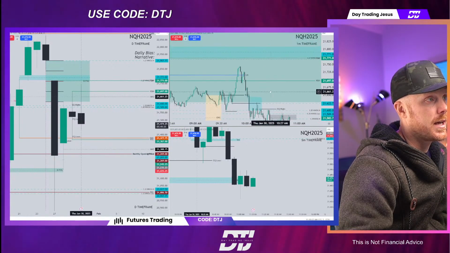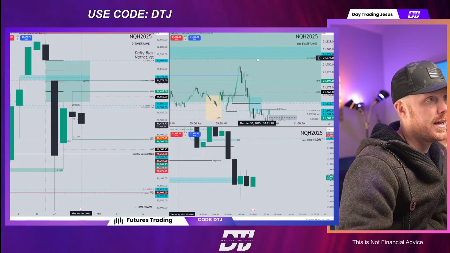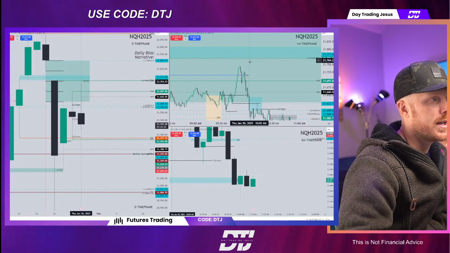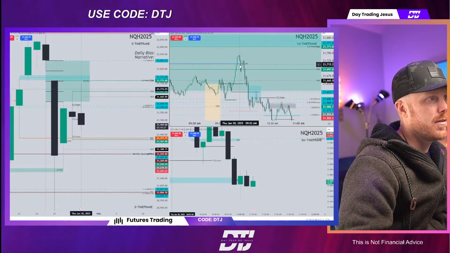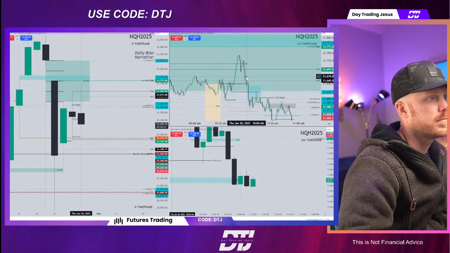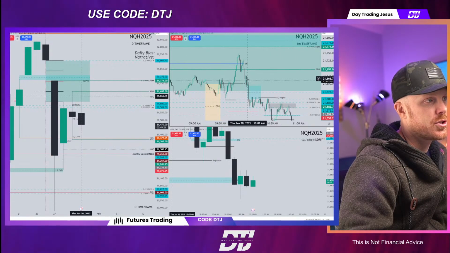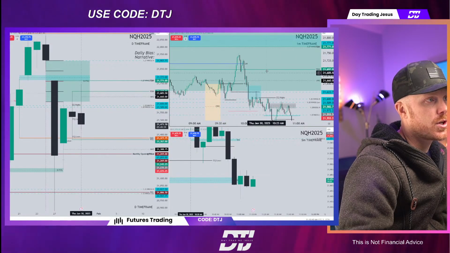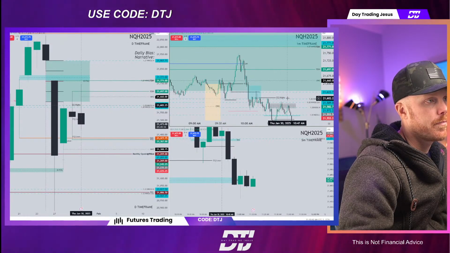But because I was looking at this high as my higher time frame target, when we run this level here, I'm just thinking a normal retracement. Maybe even seek and destroy, grab liquidity, and start running back up the other direction.